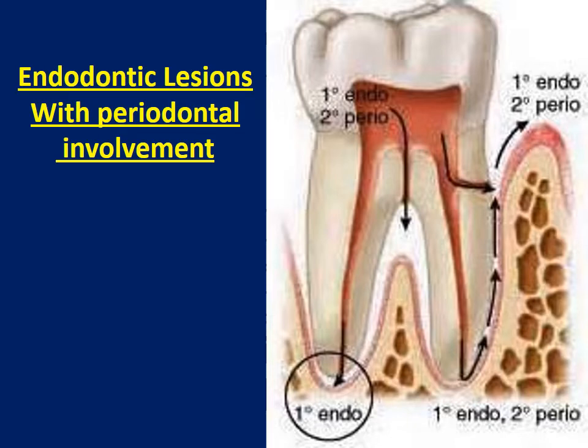But an endodontic lesion with periodontal involvement might happen when the main cause is bacteria inside the root canal, and it extrudes through the bifurcation area, through a lateral canal, or through another lateral canal in the gingival sulcus area, or it exits to the periodontal ligament area through the main apex.